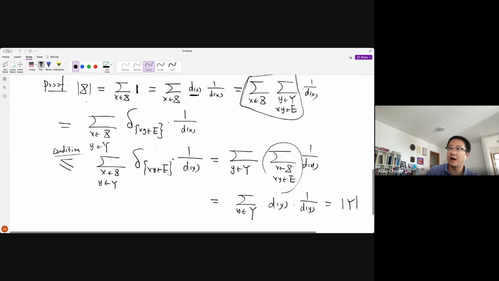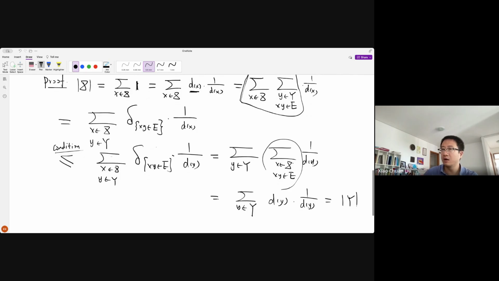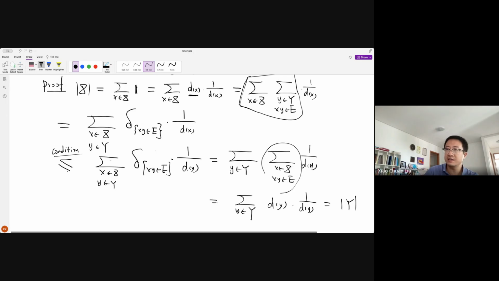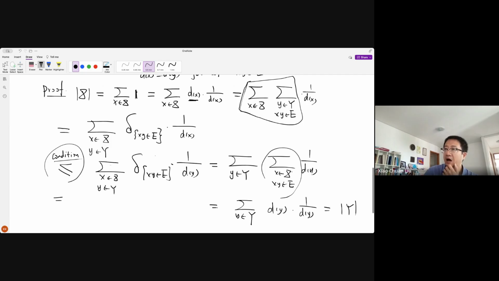So the size of x eventually is smaller or equal than the size of y. And moreover, if they are equal, the only place we have inequality is that our equality is here. And this is equal if and only if d of x equals d of y every time you use it.